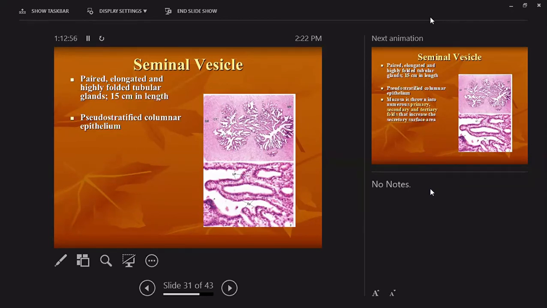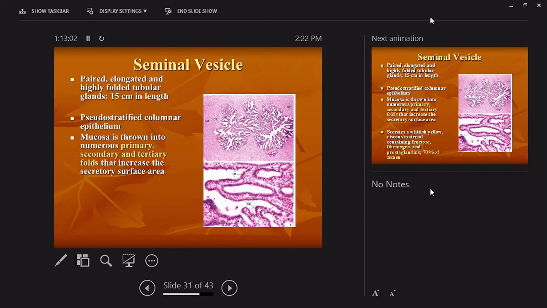The mucosa is thrown into numerous primary, secondary, and tertiary folds that increase the secretory surface area. So from here, this is the primary, this is the secondary, and this is the tertiary folds. The lower portion, those are the ones we call folds, that increase the secretory surface area.